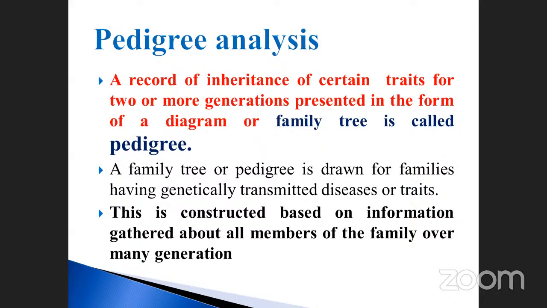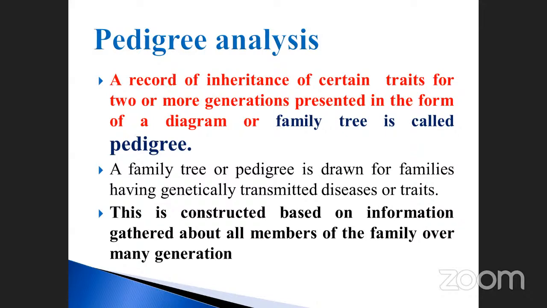Suppose the parent or grandparent has the disease. How will you identify it? With the help of pedigree analysis. The family tree or pedigree is drawn for families having genetically transmitted diseases or traits. Genetically means chromosomal related, not for the somatic cells. Cancer is one of the somatic divisions, isn't it?